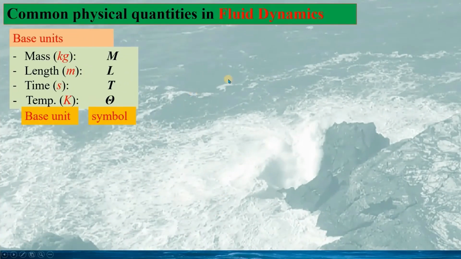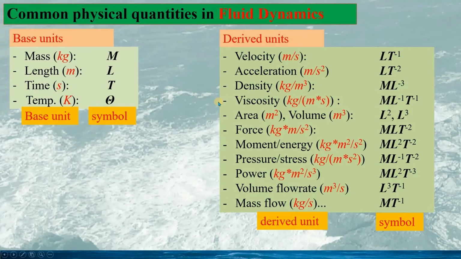Now we have a look at the common physical quantities in fluid dynamics. As we mentioned in the previous slide, we have the base units used in fluid dynamics: mass, unit kg; length, unit meter; time, unit second; temperature, unit K. And we have many derived units based on these base units.